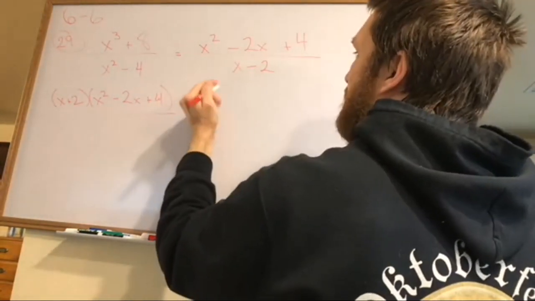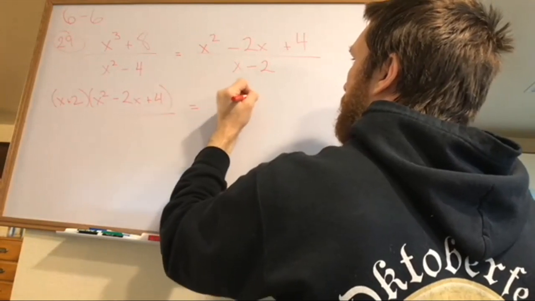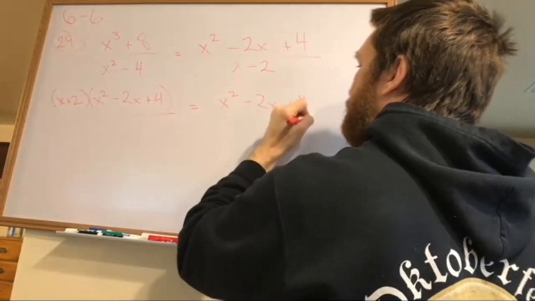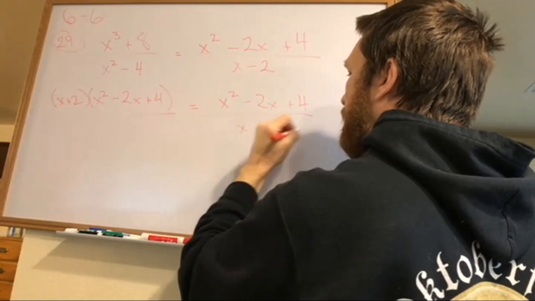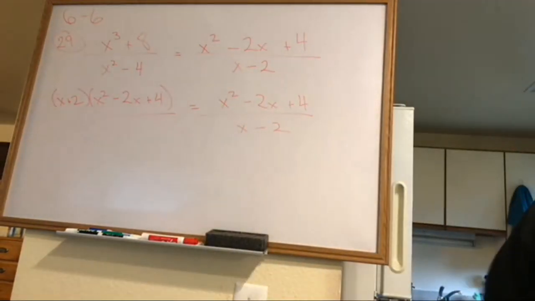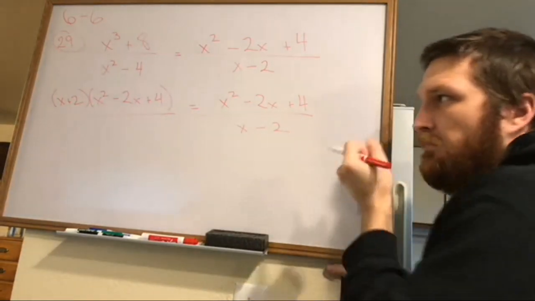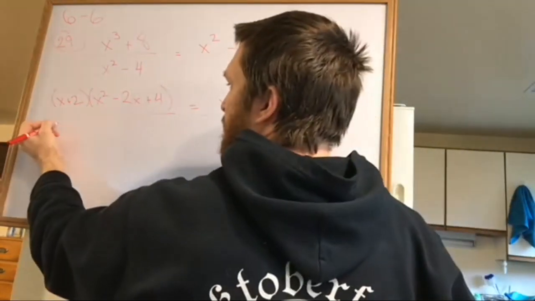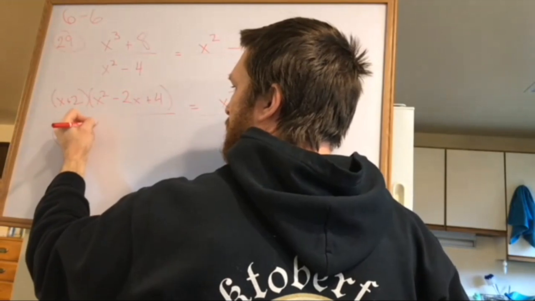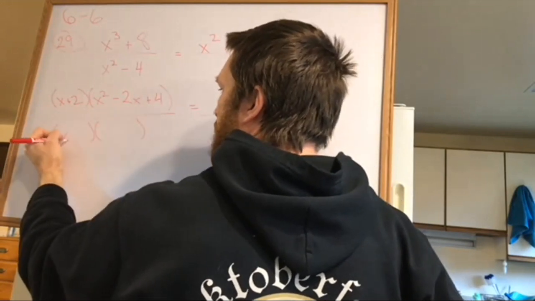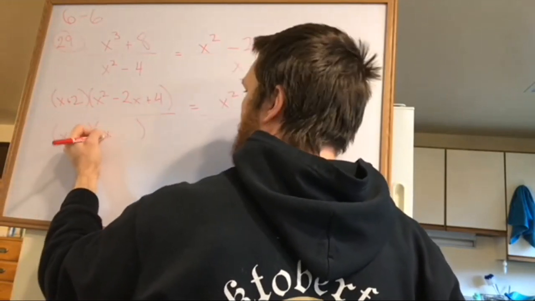I'm just going to copy this down without using my brain. Okay, we have that. Now this breaks up. What does that factor into? That is x plus 2 and x minus 2.